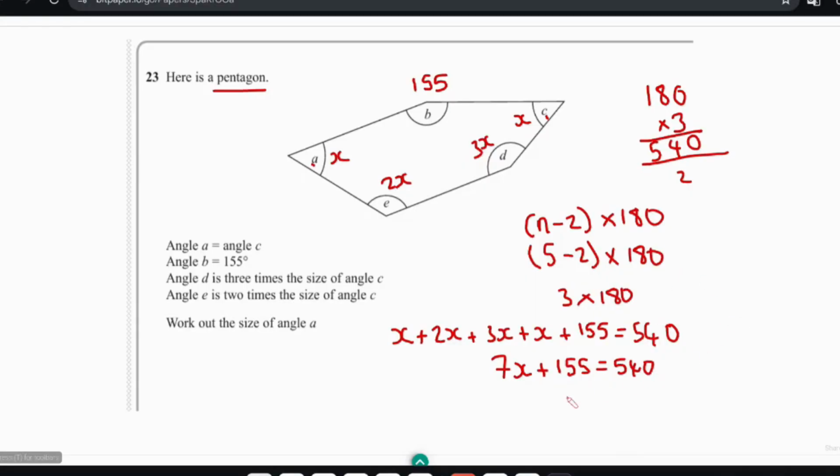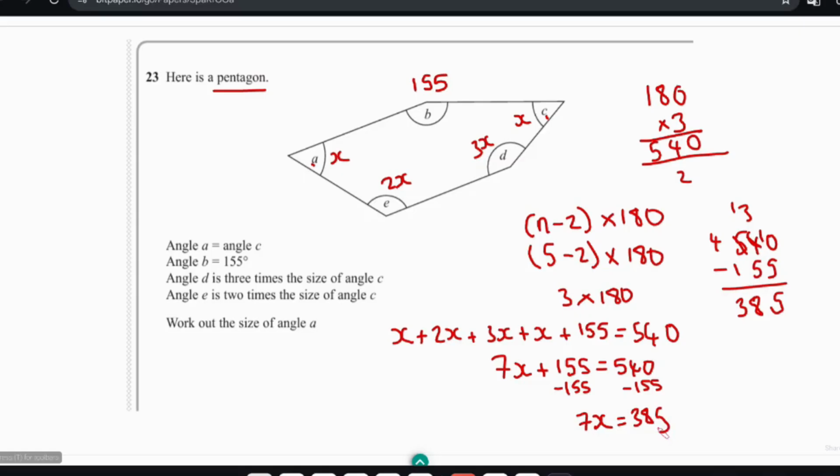I'm going to take 155 off both sides. 0 take away 5 you can't do. So let's knock and borrow. 3 take away 5 you can't do. 13 take away 5 is 8. 4 take away 1 is 3. So 7x equals 385.